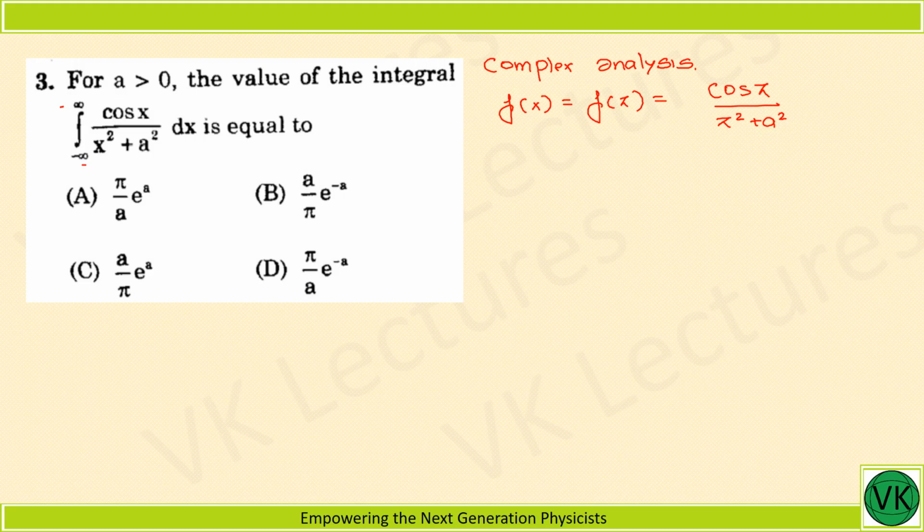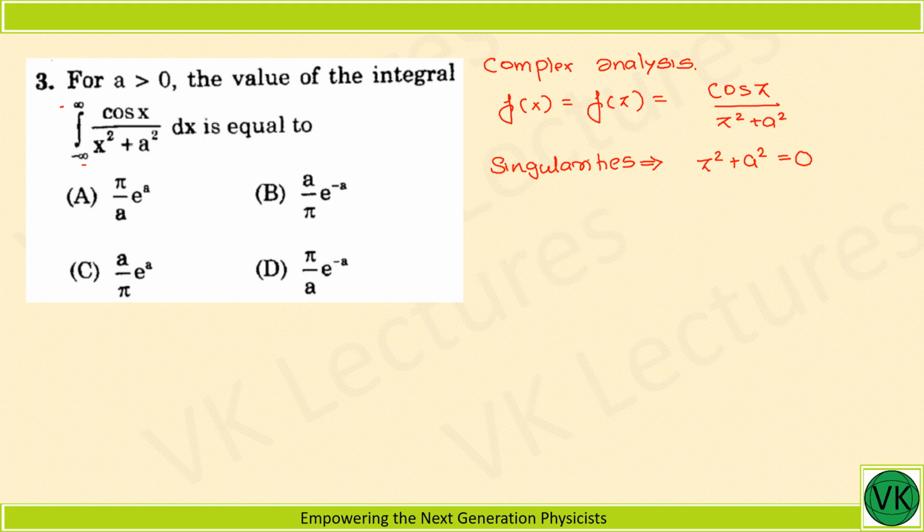Now the function has the singularity. Now singularities means where the function is not defined. Now when you put z square plus a square, that is the denominator, equal to 0, the function is not defined at this point.